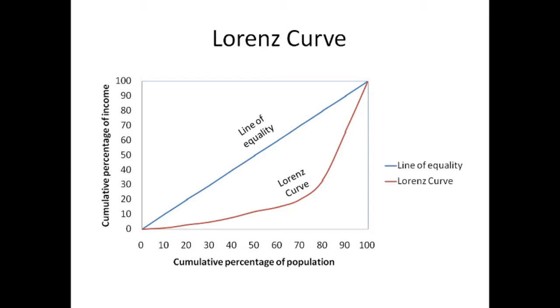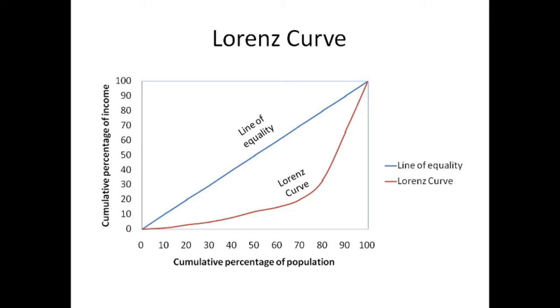I hope you have noticed that on the x-axis you have cumulative percentage of population, and on the y-axis we have cumulative percentage of income. Now the Lorenz curve is a graphical depiction of the income inequality.